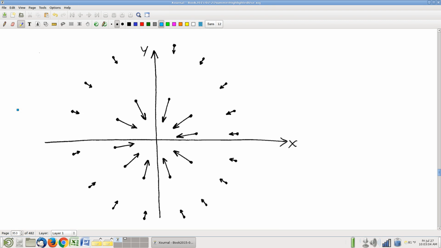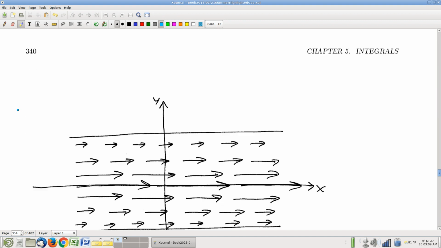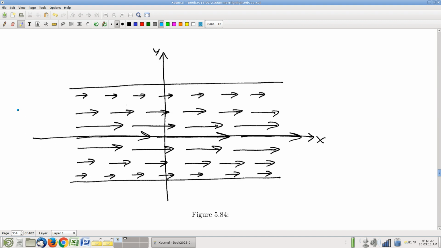All righty, so there's a vector field. Here's another vector field. Notice it remains that at any given point there is an associated vector. Here's another point, with an associated vector. Different points, different vectors.